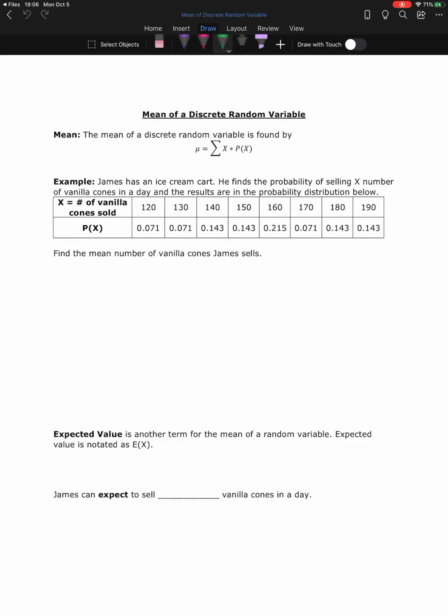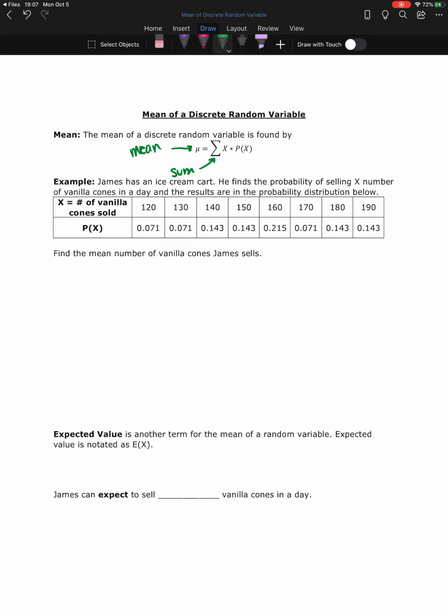All right, so now that we're thinking about these probabilities in terms of x representing the number of something and then the probability of that, we can calculate the mean because we have numerical values everywhere. The mean of a discrete random variable is found by taking the sum of the x values times their probabilities, and that gives you the mean.